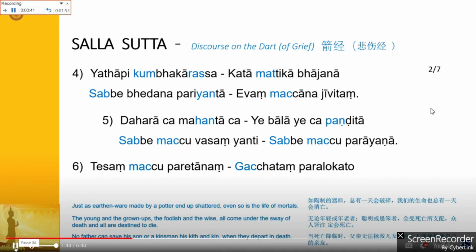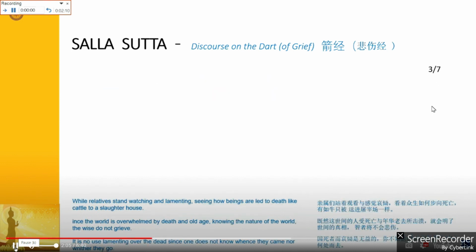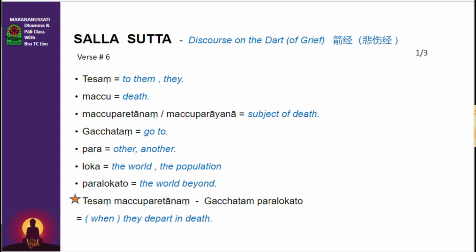Tesang machu parayanang gachatang paralokato, na pita tayate putang, nyati va pana nyatake. Tesang means to them or they. Machu is death. Machu parayana is the subject of death.